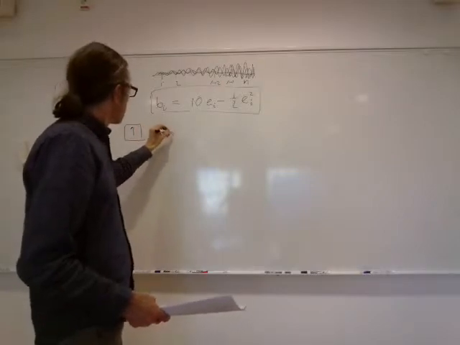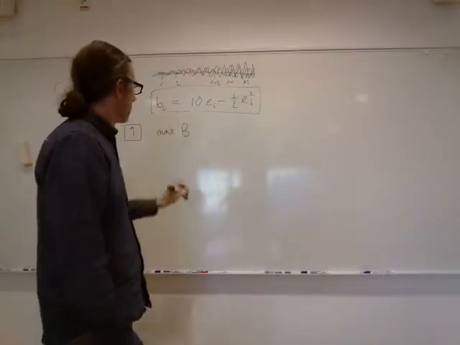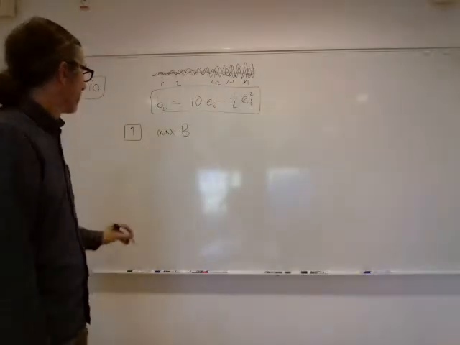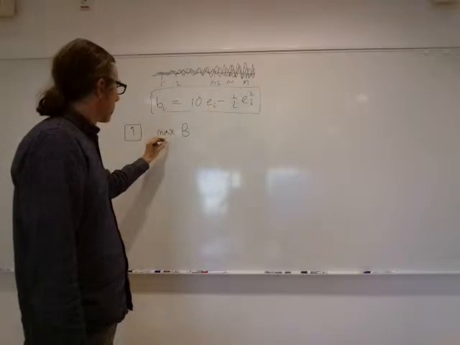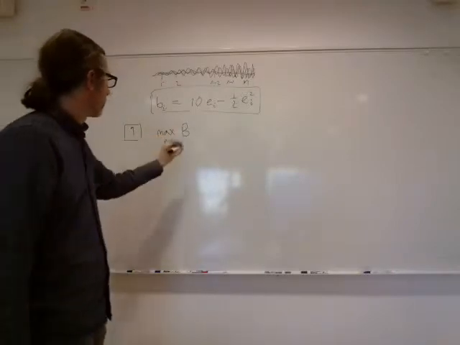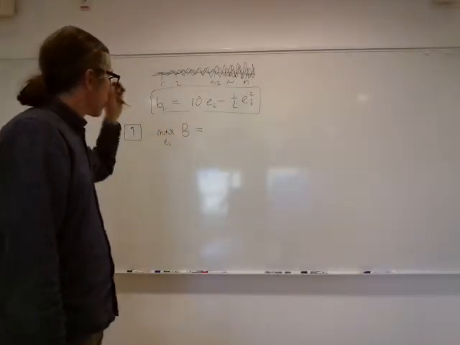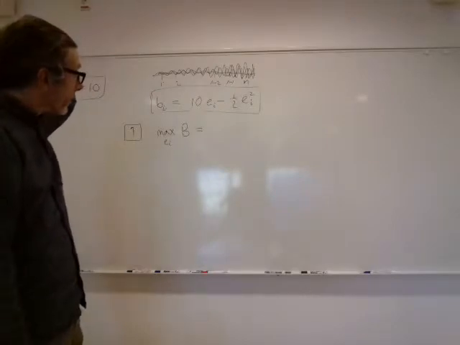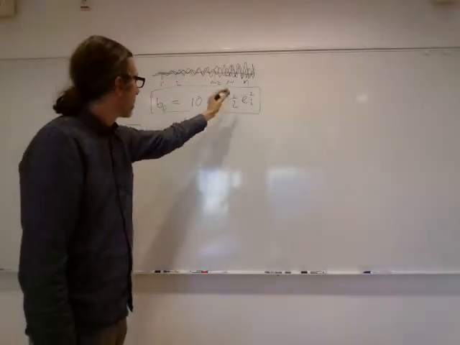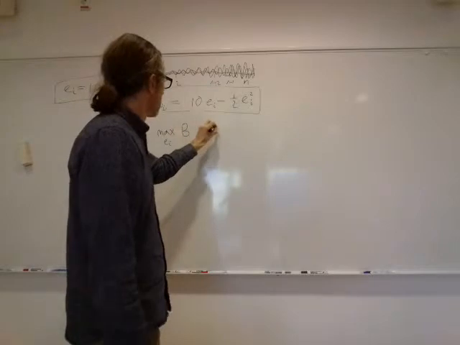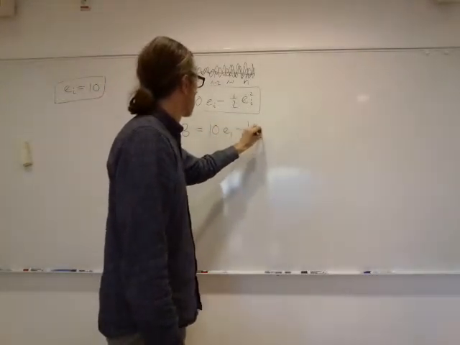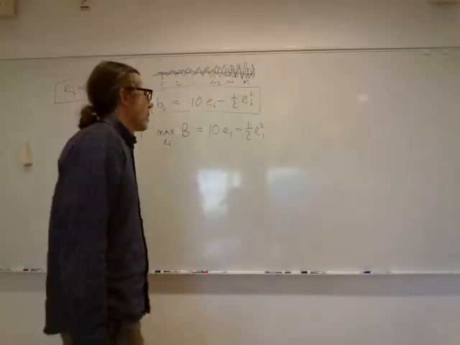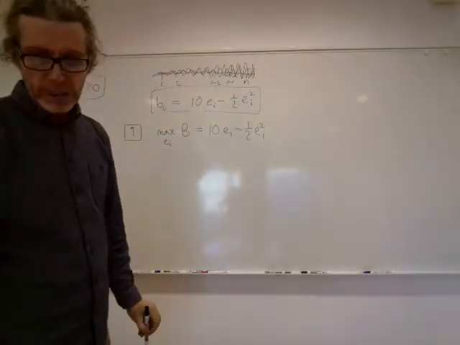The planner wants to maximize social benefits, we can call them B or whatever, by choosing E1. And the social benefits B are the private benefits of country 1 minus the damages.